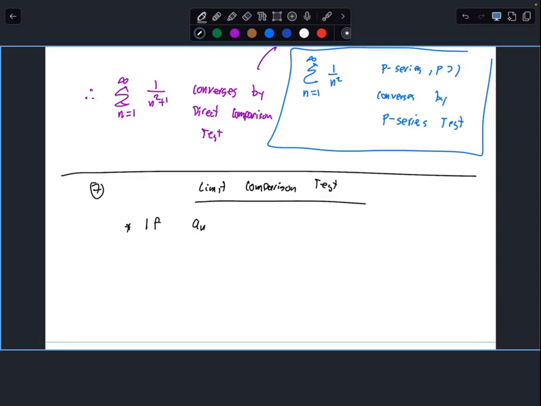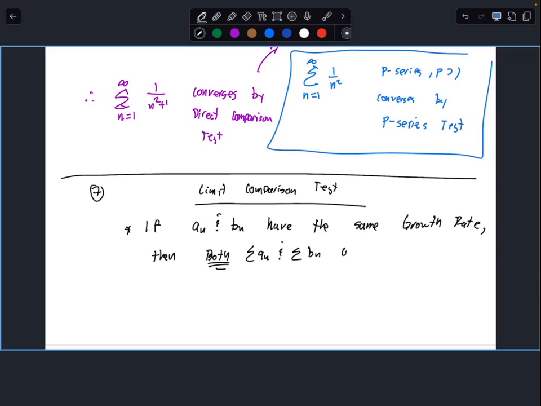If a sub n and b sub n have the same growth rate, then the series a sub n and the series b sub n both converge or both diverge.